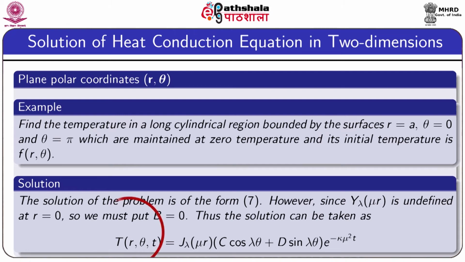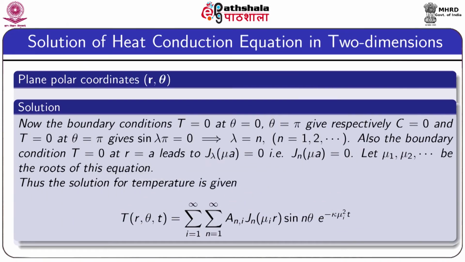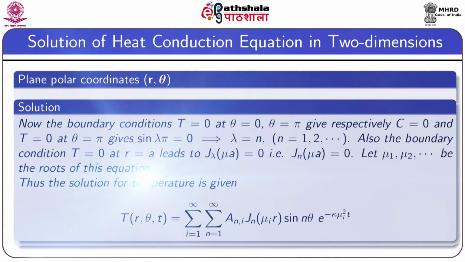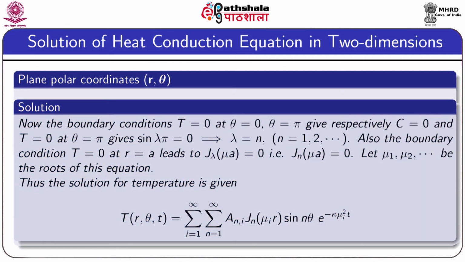So from the general equation, we can write the solution for our present problem as capital T is equal to J lambda mu r into C cos lambda theta plus D sin lambda theta into e to the power minus kappa mu square t. Now we have to use the boundary conditions. The boundary conditions are given that capital T is equal to 0 at theta equals 0 and theta equals pi.